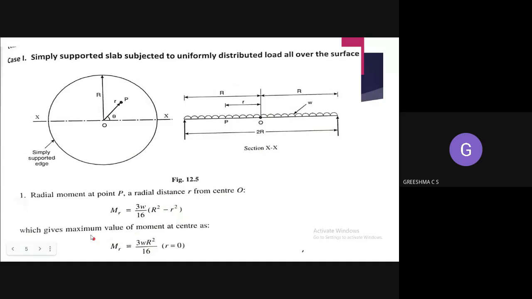Substituting r equal to 0, the radial moment is equal to 3W divided by 16 into R square.